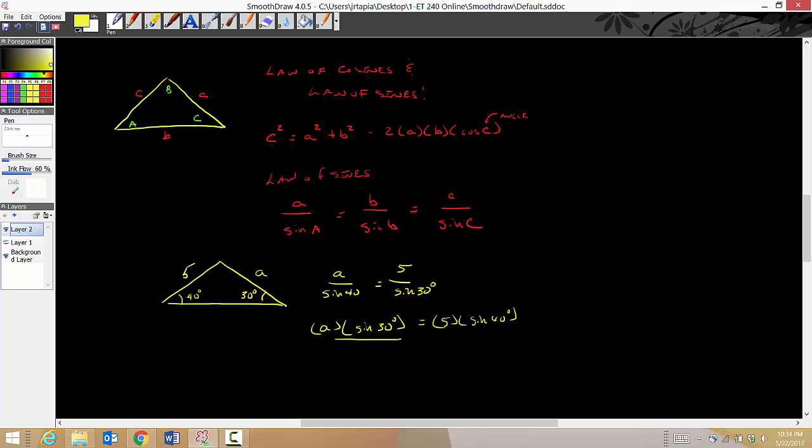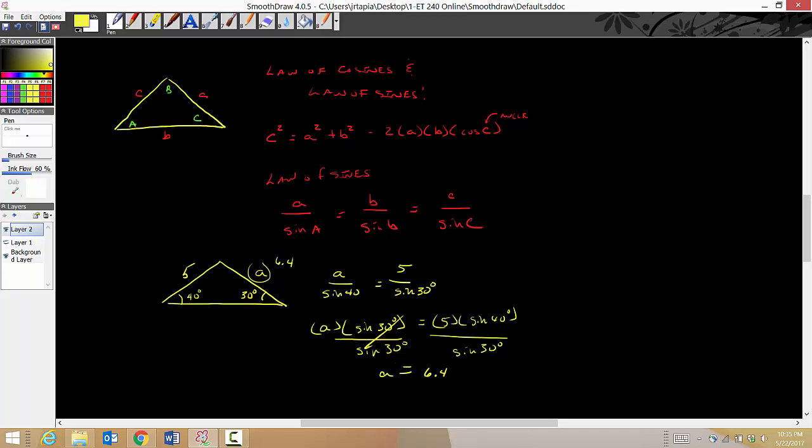So you would actually divide by the sine of 30, divide by the sine of 30. So A would equal, let's punch that in real quick, I get 5, enter 40 sine times, and then divide that by the sine of 30, which I get 6.4. So this side would be 6.4.